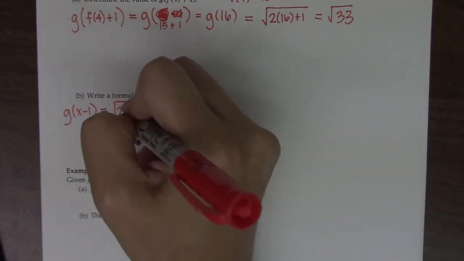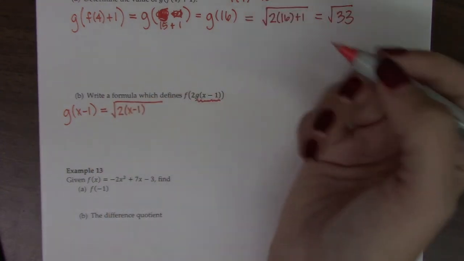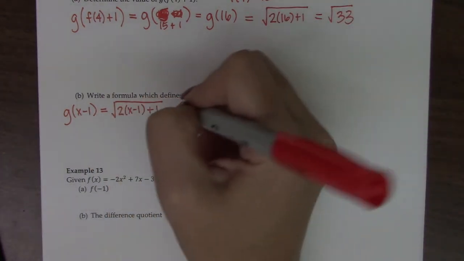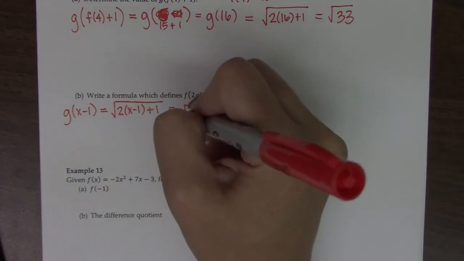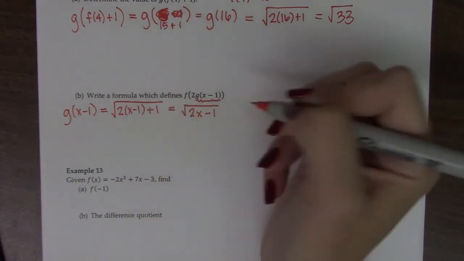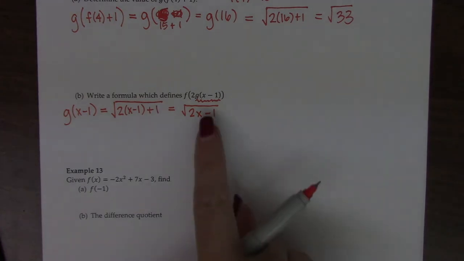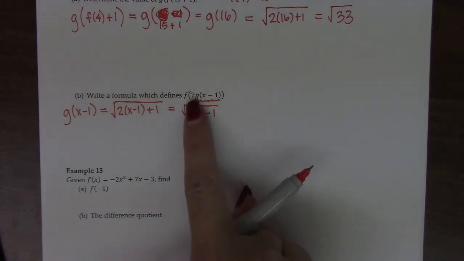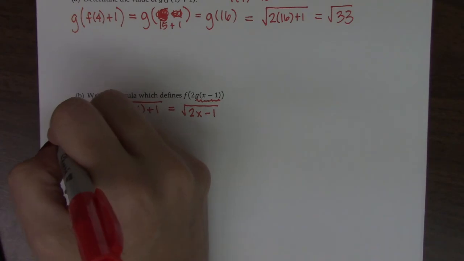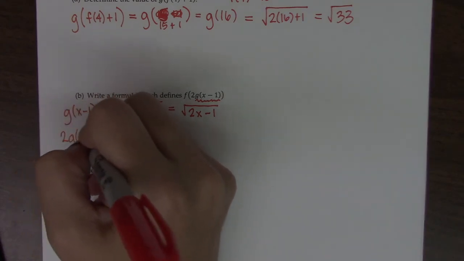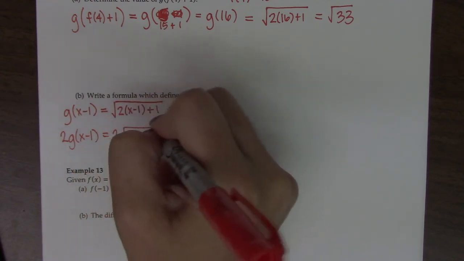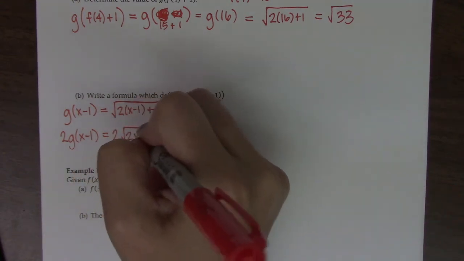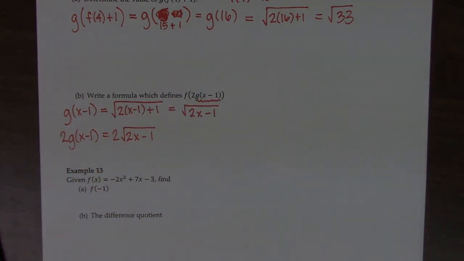That's 2 times x minus 1 plus 1, which simplifies into 2x minus 1. Then I notice that I'm supposed to multiply the result by 2. So 2 times g of x minus 1 is just 2 times the square root of 2x minus 1.